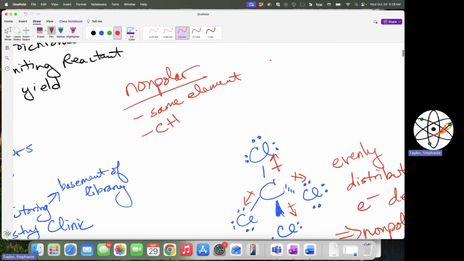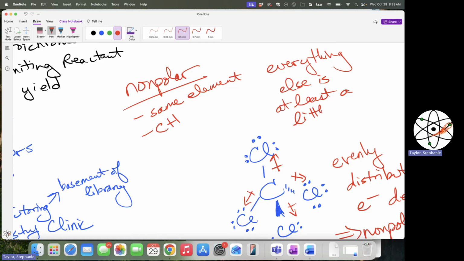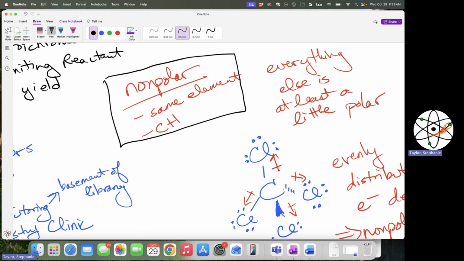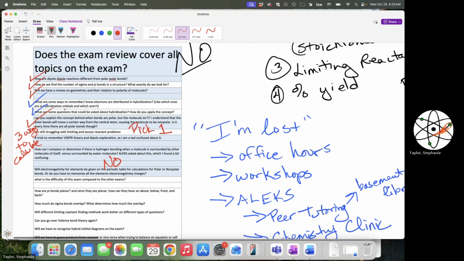And basically, we just assume that everything else is at least a little polar. It is a big assumption, I'm not going to lie. So basically, we have a definition for nonpolar where nonpolar is either the same element or it's a carbon bonded to a hydrogen, and everything else is at least a little polar because no, we're not going to give you the electronegativity values. That's how you can handle that.